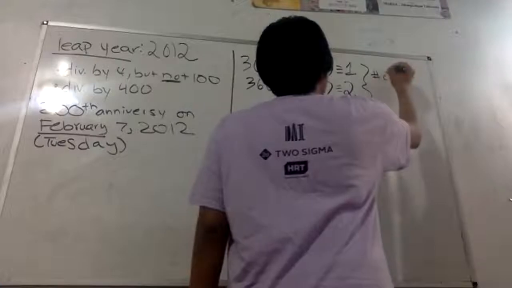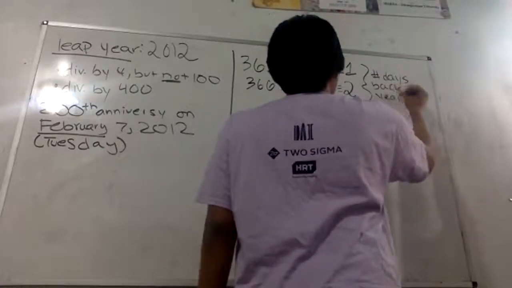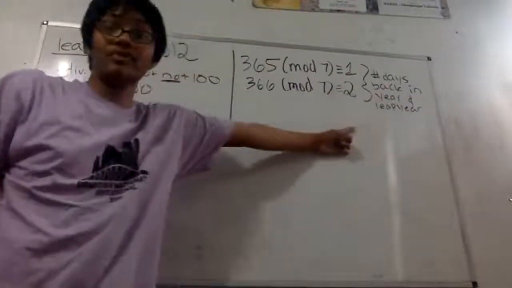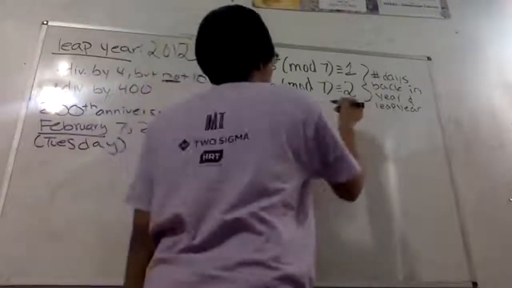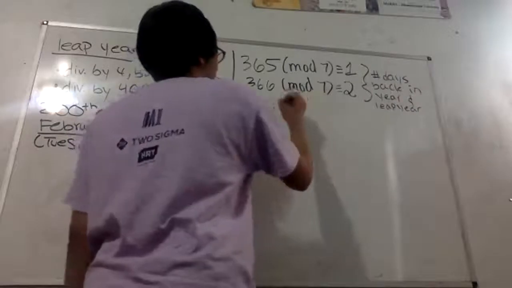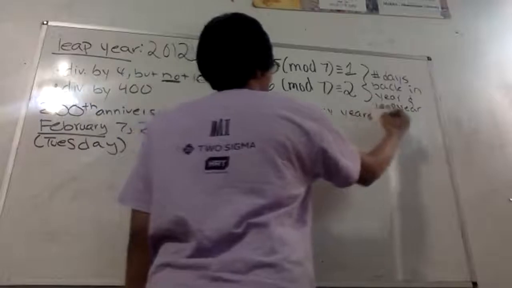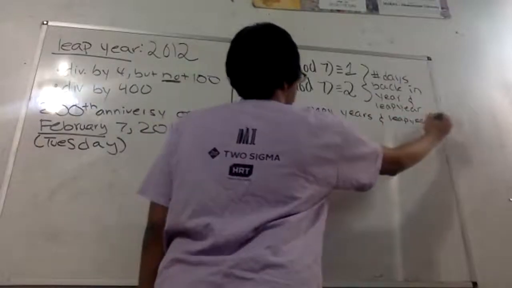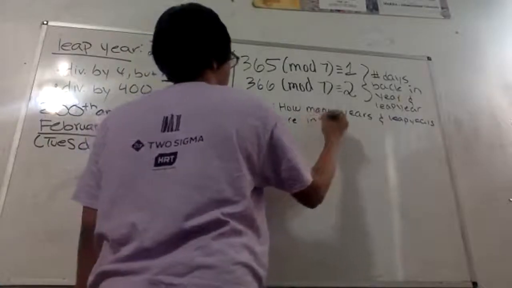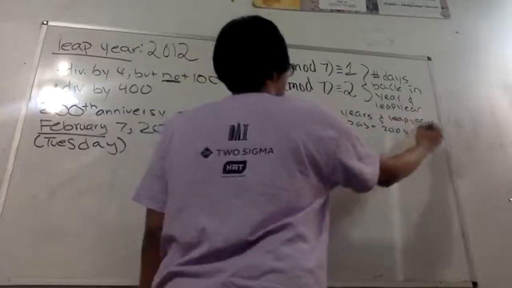Okay, so that's what we found right here: the number of days back in a normal year and a leap year. So let's move on to step number 2, right? And that is how many normal years and leap years are there in the past 200 years?